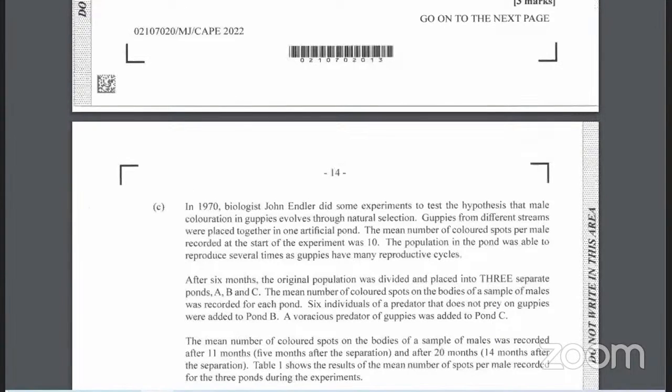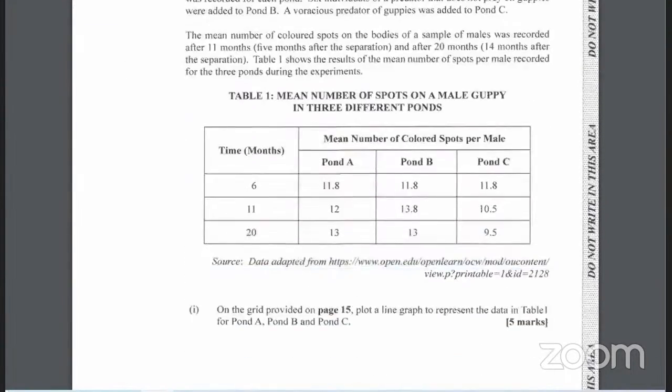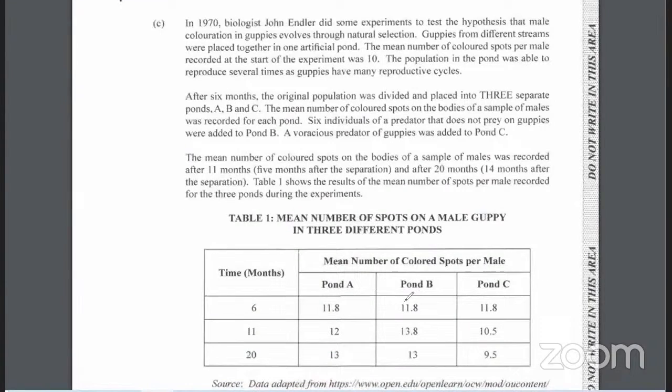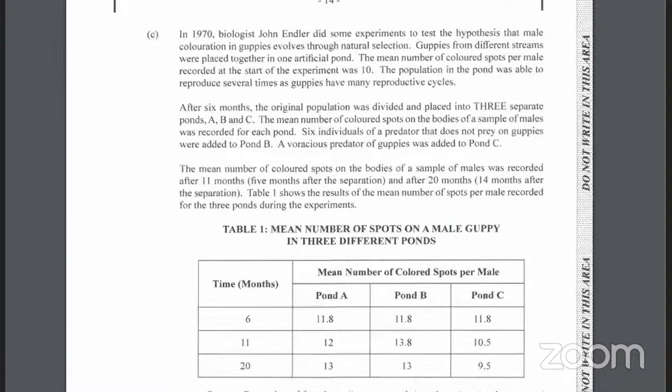So they gave a scenario. In pond B there was a predator, so you put a predator in pond C, and there's no predator in pond B. They did not mention what they did to pond A, but just highlight the question so you can read it afterwards properly and assess it.